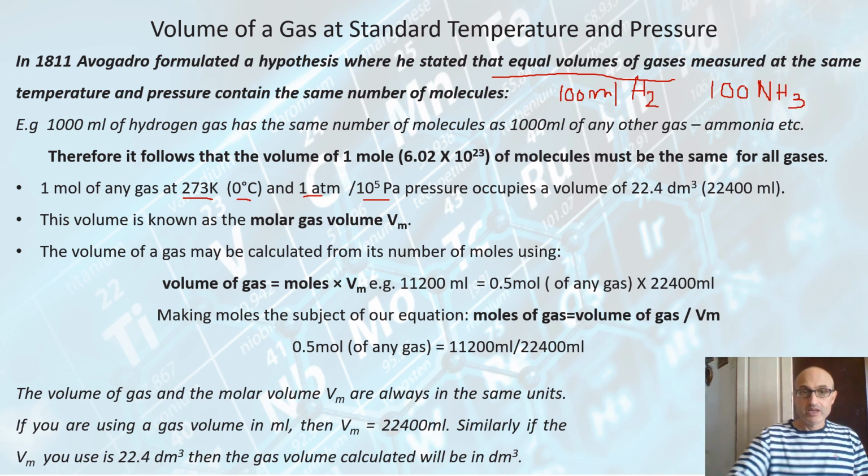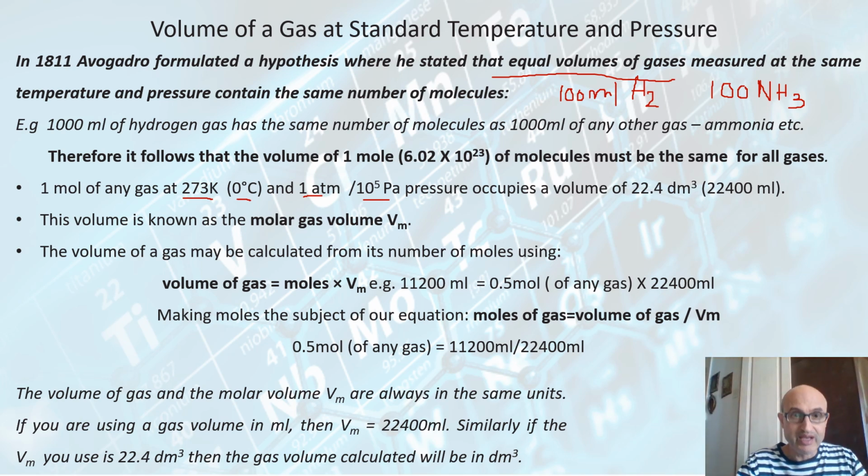Okay? We can go further. Let us say that we have a volume equivalent to 22.4 liters, or 22,400 mils, under those conditions, which we call standard temperature and pressure. I introduced the conditions of standard temperature and pressure without saying what they were.